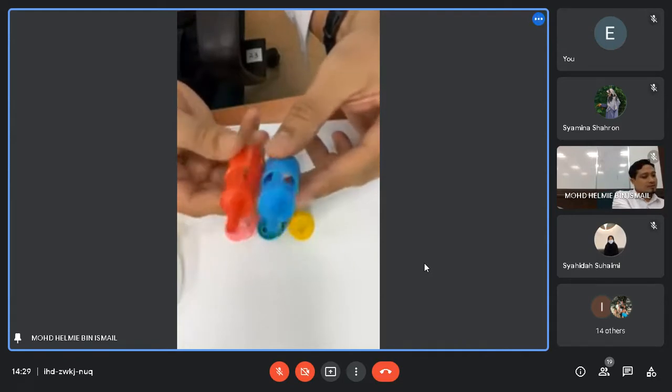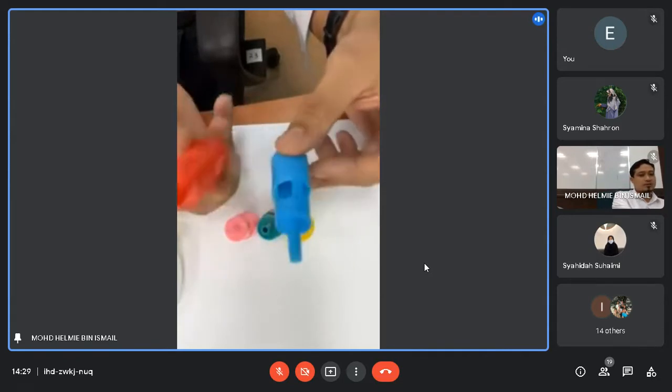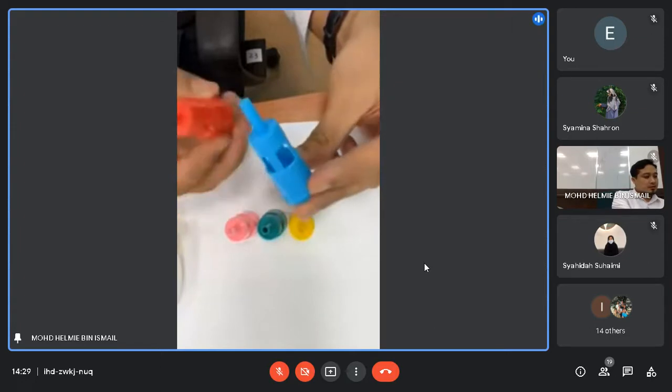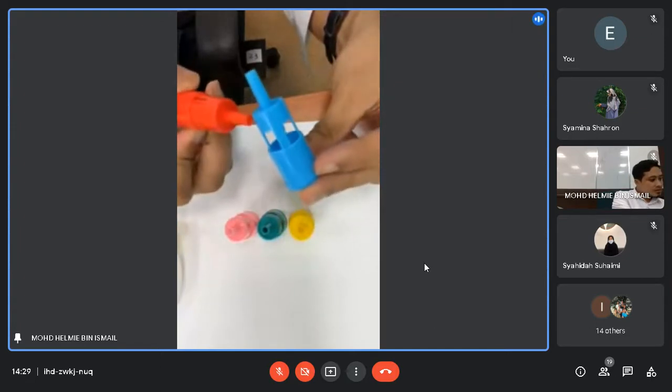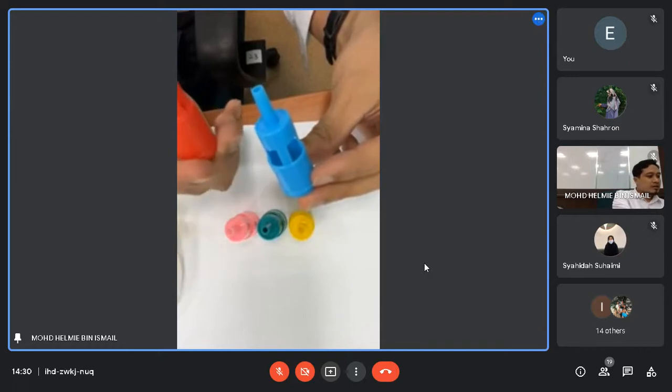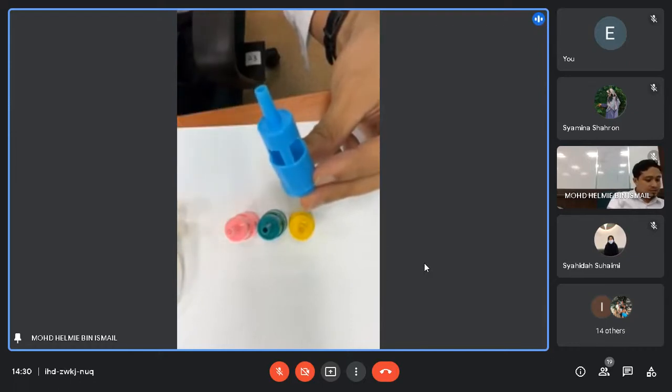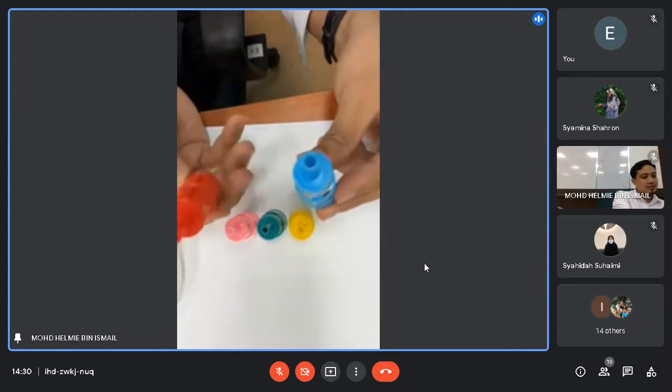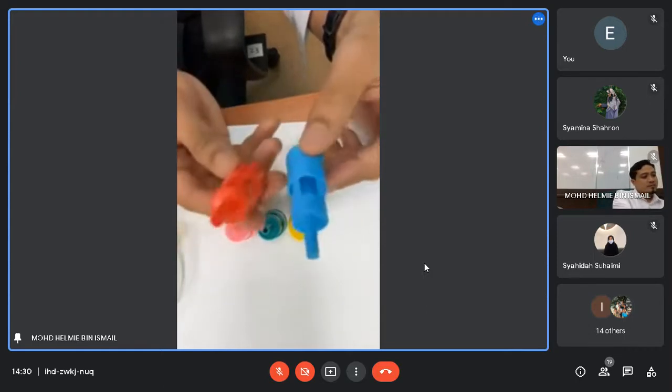The biggest valve is on the lowest concentration. Alright. It also tells us 24% needs 4 liters per minute of oxygen. For 60%, you need to give 15 liters per minute of oxygen.